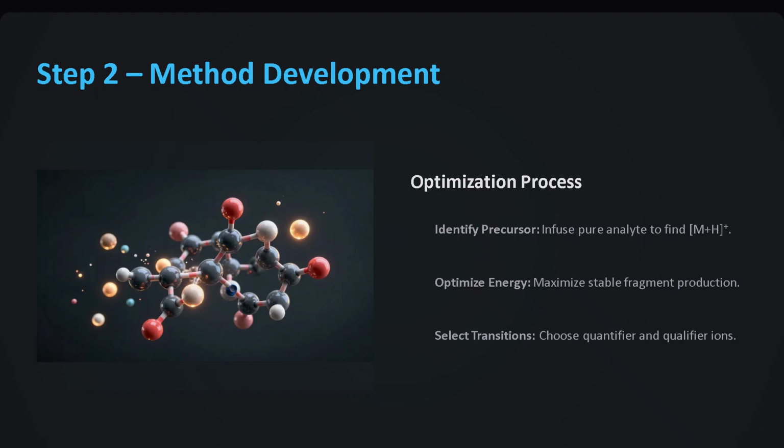From these fragments, analysts select specific MRM transitions that provide strong signals and good selectivity. Typically, 2 transitions are chosen. One for quantification, known as the quantifier ion, and another for confirmation, known as the qualifier ion. This optimization step ensures that the analytical method is both sensitive and highly specific.